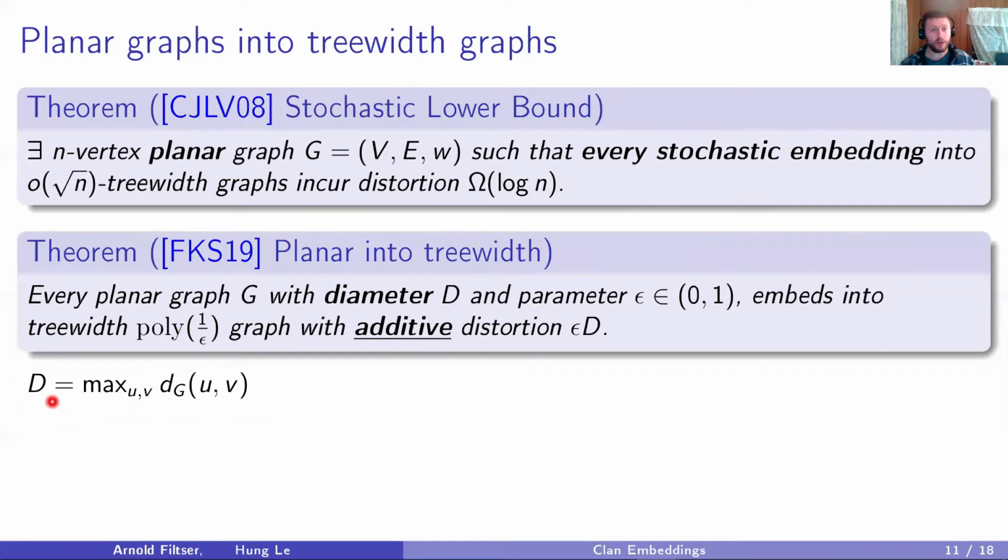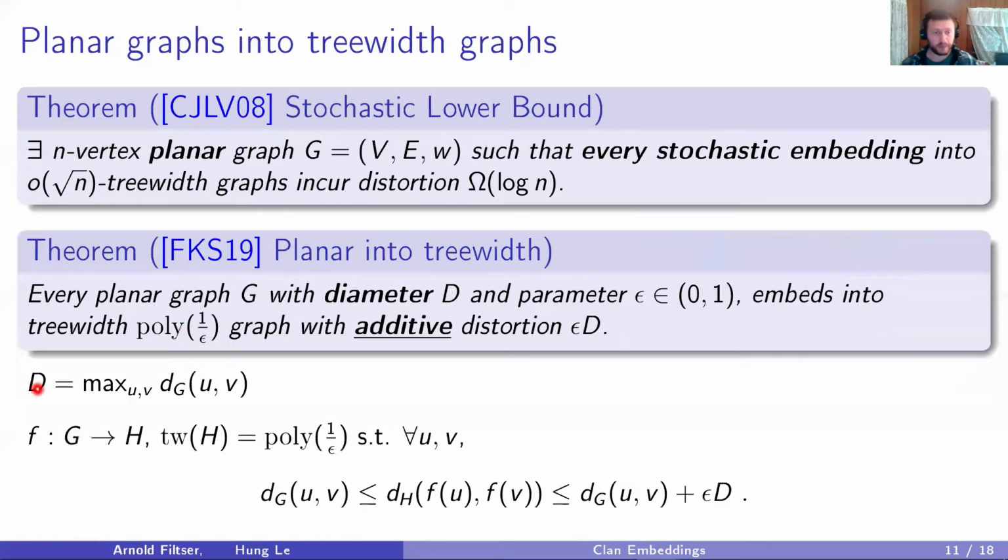We have a new parameter D, which is the diameter, the maximum distance between any two vertices in the graph G. And we have an embedding from G to a graph H, where H has Treewidth polynomial in 1 over epsilon. For every pair of points U and V, the distance in H does not decrease and is increased by at most an epsilon D additive factor. This might seem crude at first glance. However, they showed very nice applications to Baker metric problems and vehicle routing.